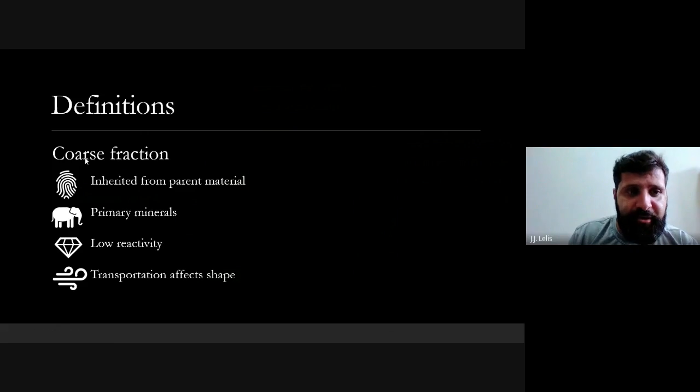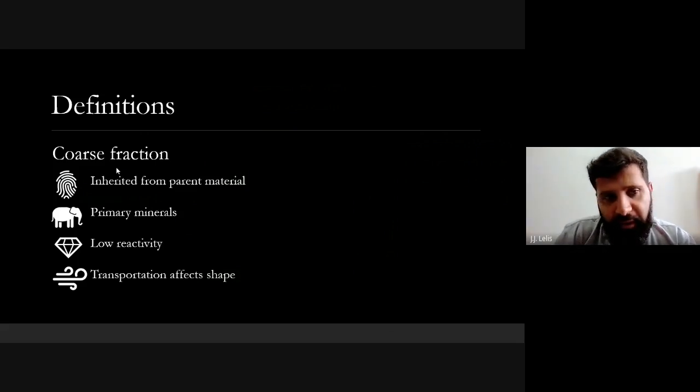The coarse fraction is composed of those grains that are inherited from the parent material. So those grains express the identity of the parent material. So if I have a soil that evolved from basalt or gneiss or even alluvial sediments, we have a specific coarse fraction that differs from the other parent materials.